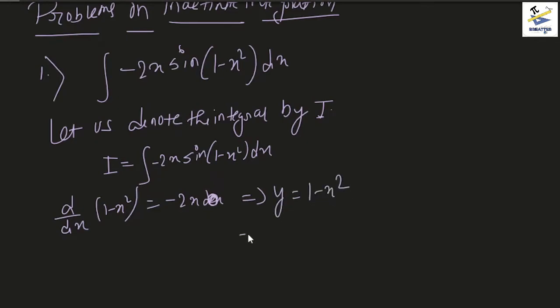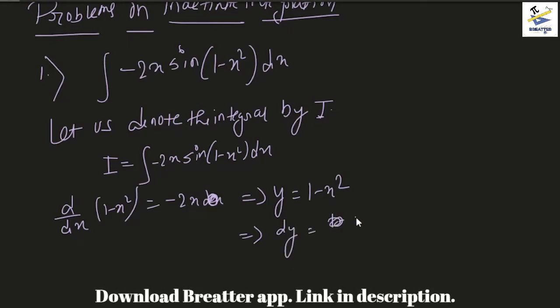Now we can set y equal to 1 minus x square, and then we can write dy equal to minus 2x dx, right?